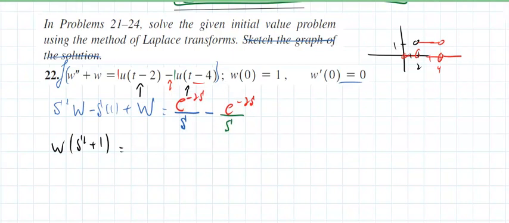So that's going to be e to the negative 2s divided by s minus e to the negative 2s. I'm sorry, that's not 2s. That's 4s. That's a 4. And if I move this to the other side, plus s.